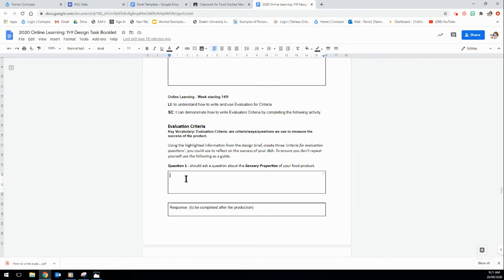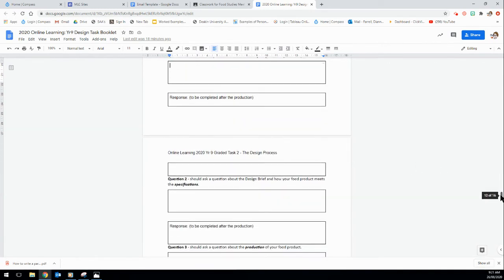And so in your response, which is to be completed after the production, you would say, my pizza was appealing to a range of students because, and then you would list all those reasons. So you would describe the appearance of it, the taste of it, the texture of it, what it looks like, etc., etc. So that is the idea there.